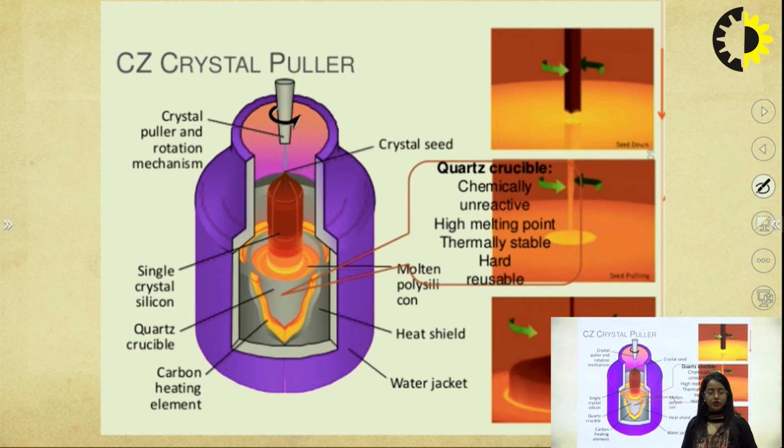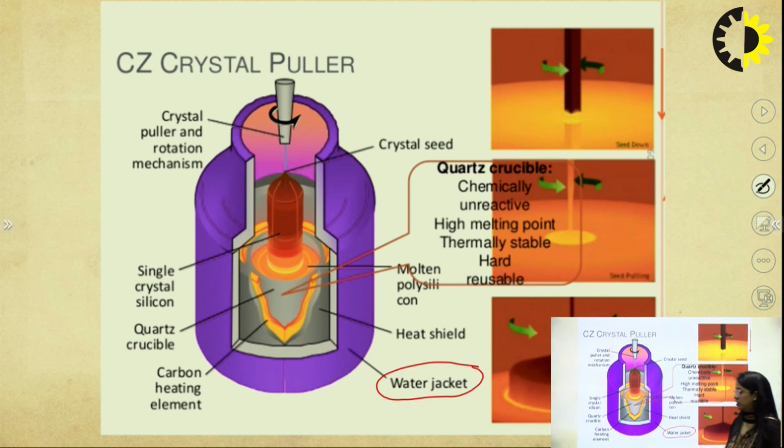This is another example of Czochralski's crystal growth, and we sometimes call this a jacketed crystal growth puller. This jacketed puller has a water jacket outside, which acts as a heat shield, and in addition to the water jacket, we also have a heat shield here, which we already had in the previous setup of the CZ process.